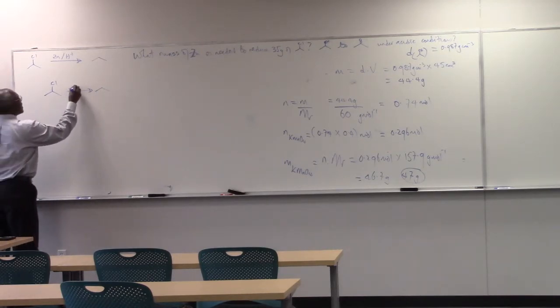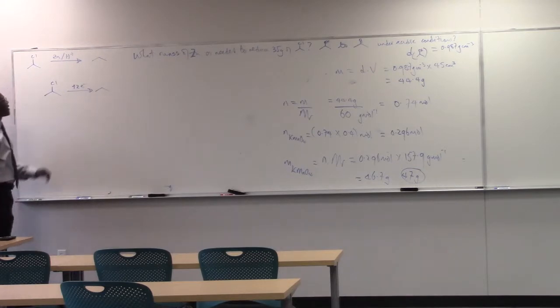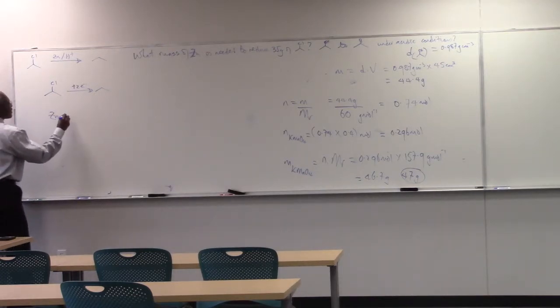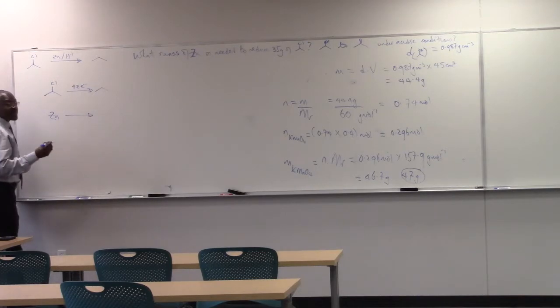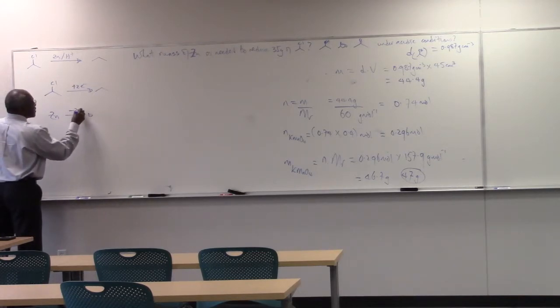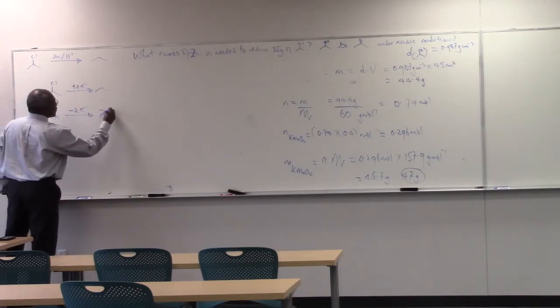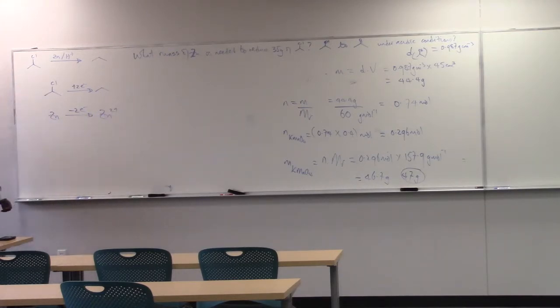So this is gaining 2 electrons, right? Because I'm reducing it down one level, alcohol to alkane. In the process, the only thing that zinc can do in any of its chemistry is to lose 2 electrons. And that becomes zinc 2+. So obviously, one of these needs one of those.